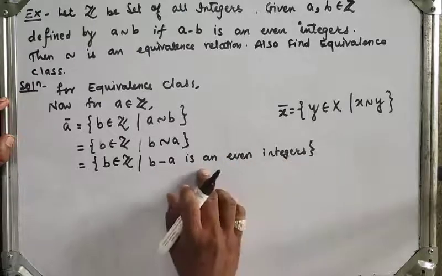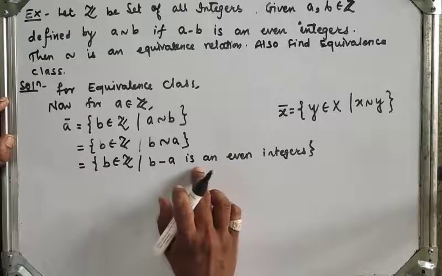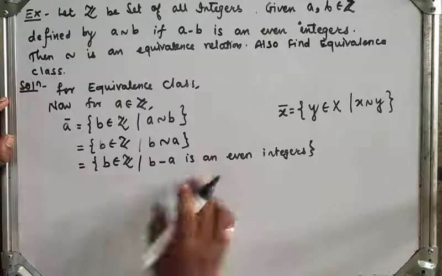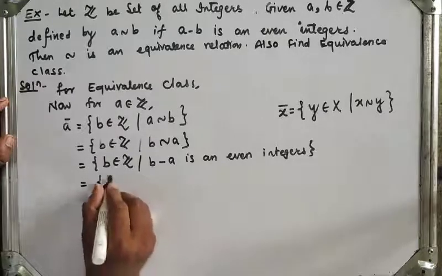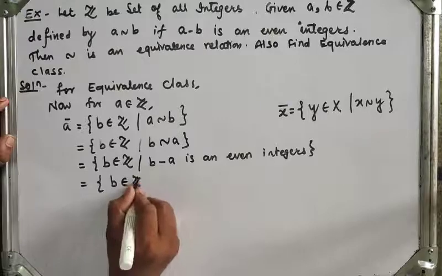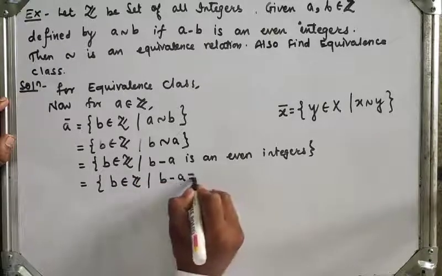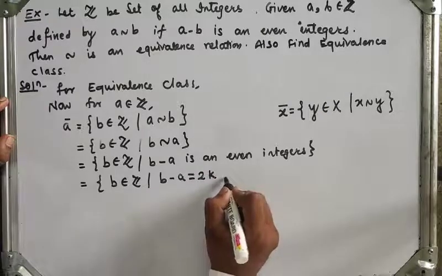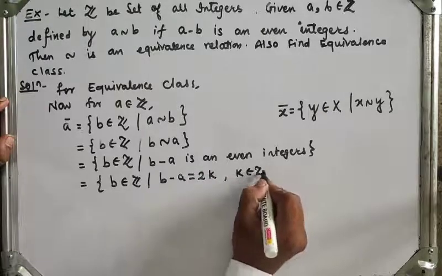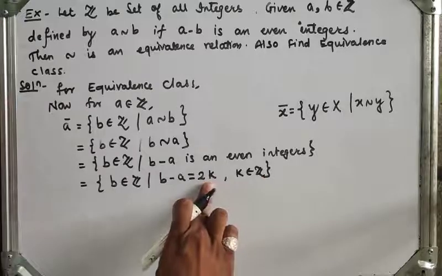And we know that every even integer is always of the form 2k, right? So we can write it as the set of all those b belongs to the set of integers such that b minus a is equal to 2k, where k belongs to the set of integers. These are all even integers.